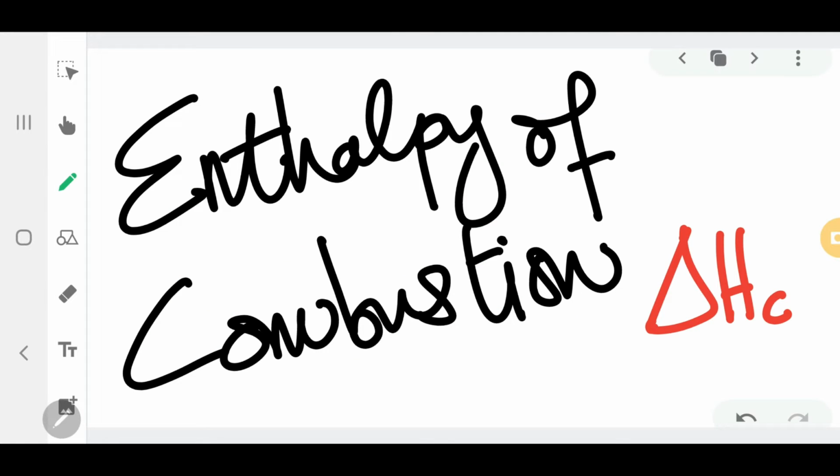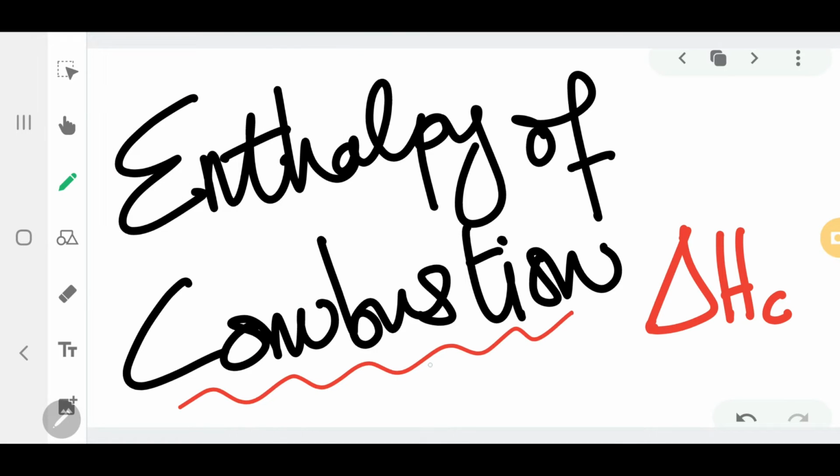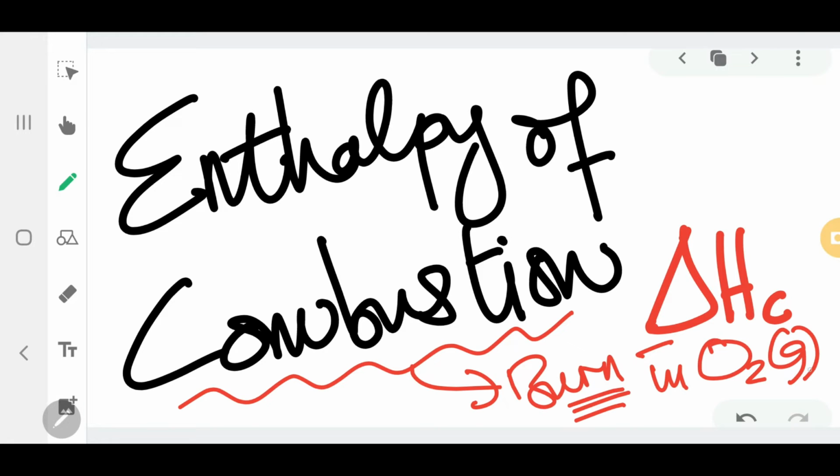Now let's have a look at the second enthalpy, which is the enthalpy of combustion, delta HC. The word combustion here refers to burning something. You want to burn it in oxygen gas.